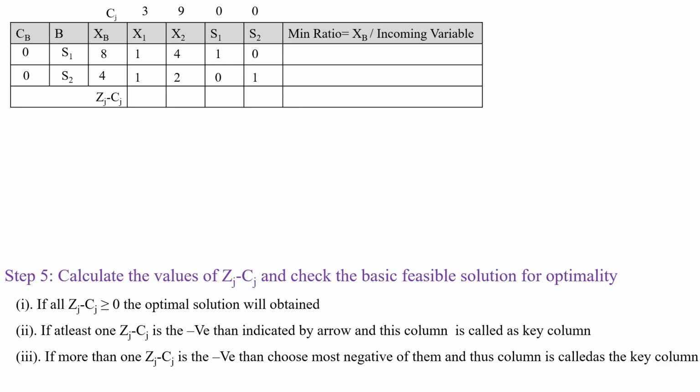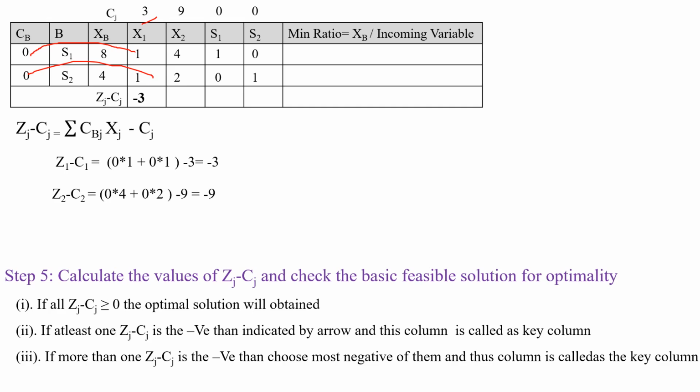So first we calculate the Zj minus Cj values, starting with the first variable, x1. So z1 minus c1 for x1 will become 0 into 1 plus 0 into 1 minus 3. This value is minus 3. Next, z2 minus c2 for the second variable is 0 into 4 plus 0 into 2 minus 9.